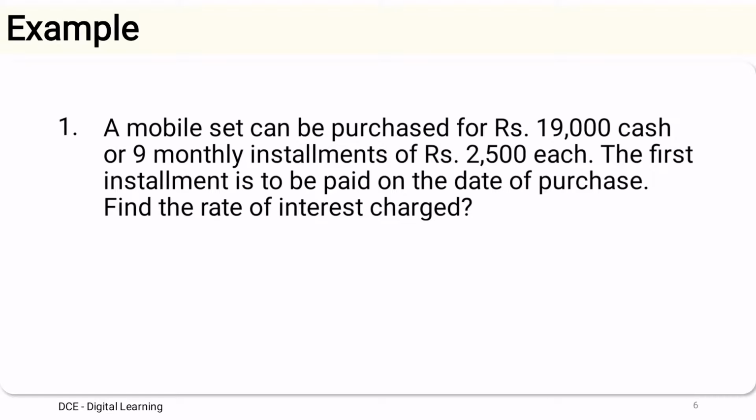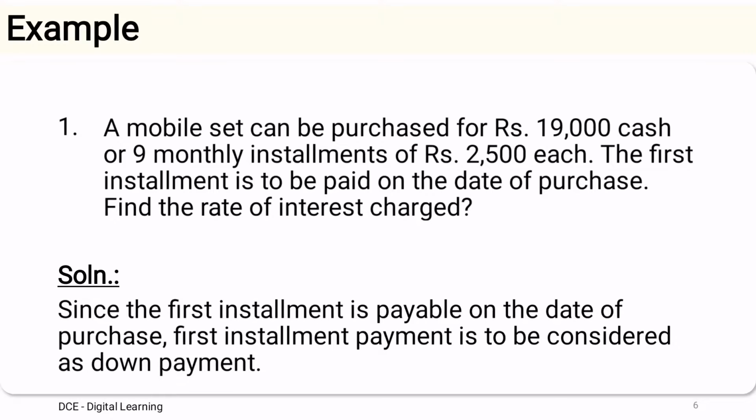He can purchase the mobile by paying the net price of rupees 19,000 as on this day, or he can buy it on installment basis. If he chooses the latter option, then he will have to pay 9 monthly installments of rupees 2,500, and the first installment is to be paid on the date of purchase.